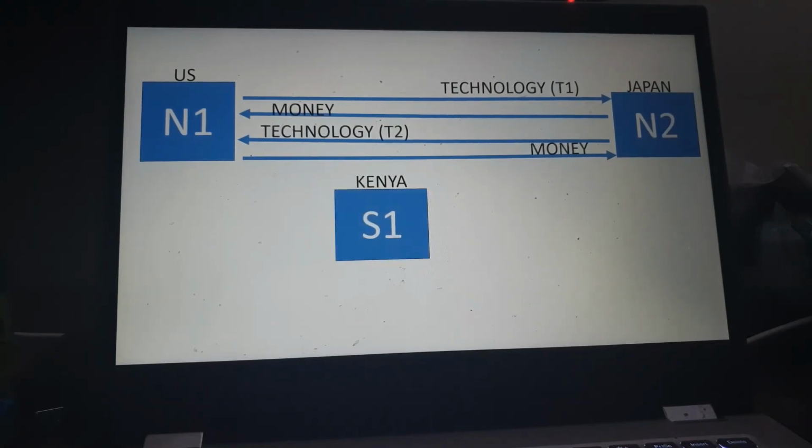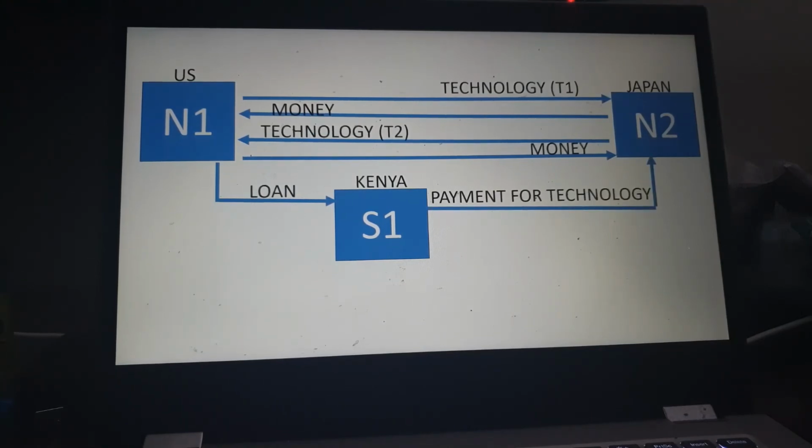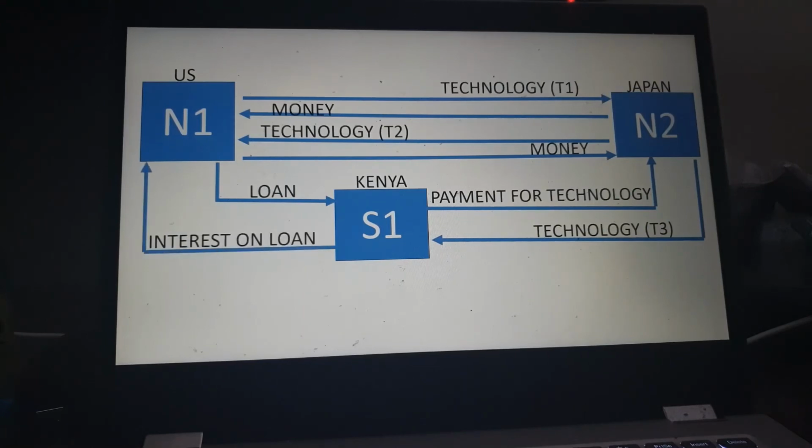Now let us introduce a less developed country, Kenya. Kenya will get a loan from the US to use to pay for technology from Japan. So the technology now comes from Japan to Kenya, but you remember Kenya had borrowed. So Kenya is paying interest back to the US.